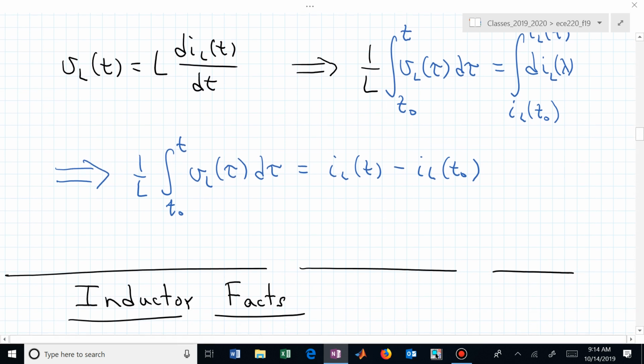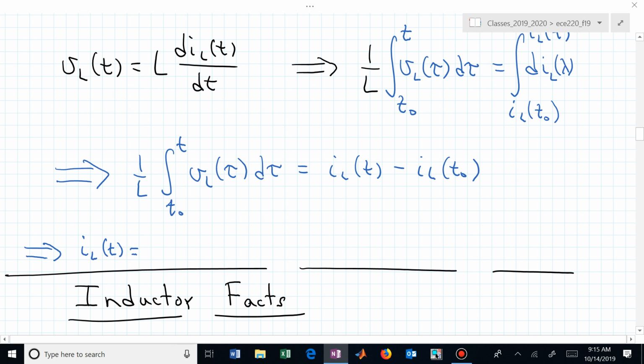Now I can solve this for I sub L and see that I actually have two pieces to this. One component of the current is due to the voltage from some time t0 up to the present, and another component is the initial current flowing, which we're labeling as I sub L of t sub 0.